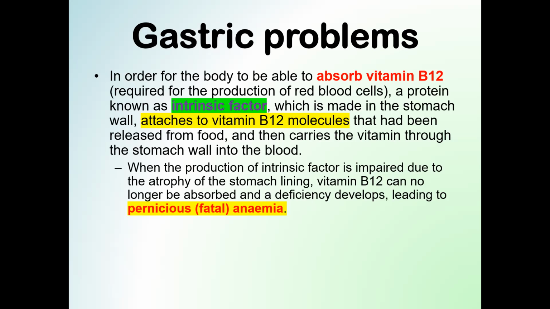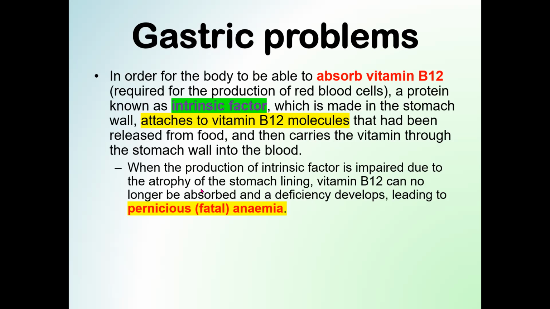I have no idea where that name came from, but that's what it's called. And when we eat, and there's vitamin B12 in the food, the intrinsic factor latches on to the B12 molecules, and this intrinsic factor then carries the B12 out of the stomach into the blood vessels of the stomach.